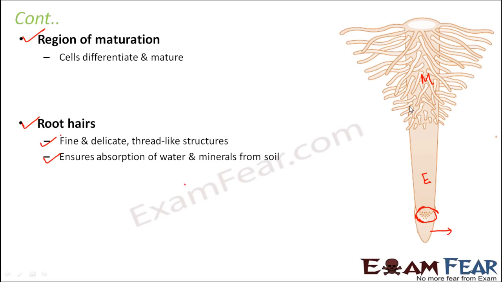So one of these tissues would be the epidermal tissue. Some of the epidermal tissue will form thin thread-like structures called root hairs, which actually help in absorbing water and minerals from the soil. So these are the different parts of a root. So I hope this is clear to all of you.